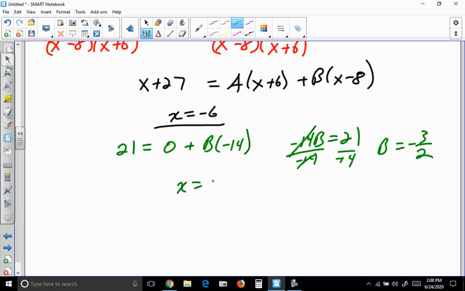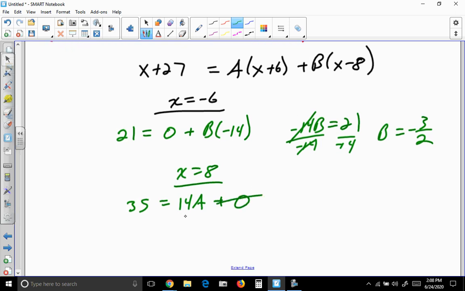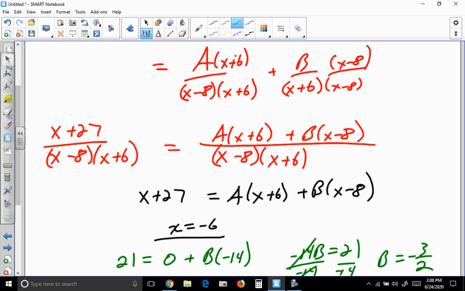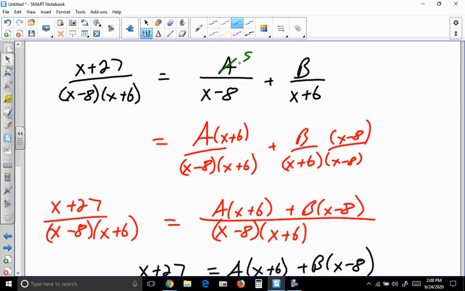All right, if we let x equal 8, 8 plus 27 is 35. 8 plus 6 is 14, so 14a. 8 minus 8 is 0, so that term is 0. So divide both sides by 14. So a is 5/2. 7 goes into 35, 7 goes into 14. So we have 5/2 here and negative 3/2 here.